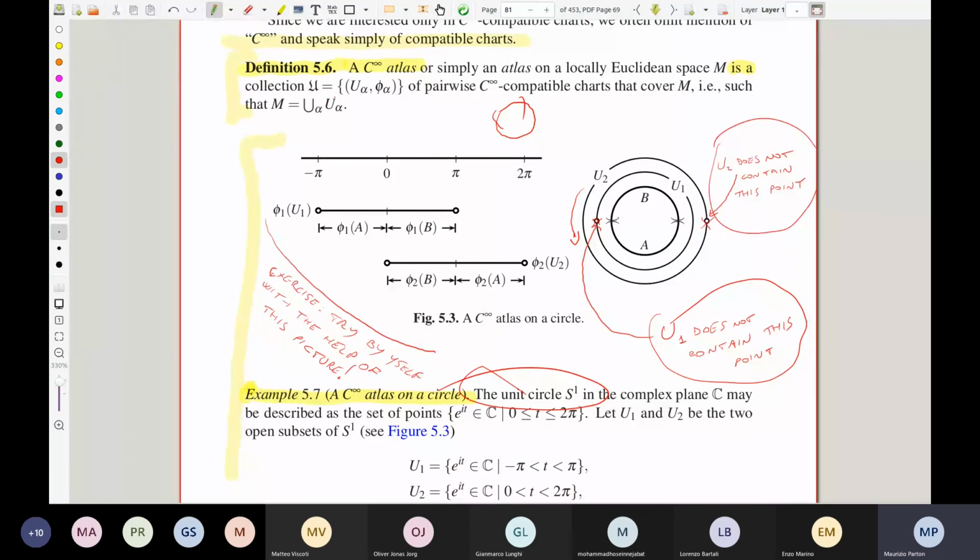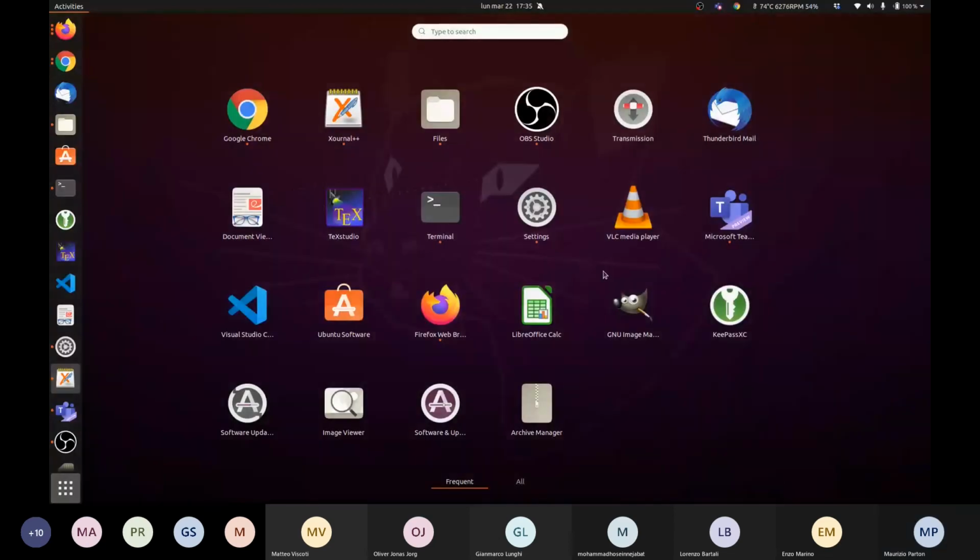They overlap on the union of these two connected components, A union B. You have to compute that on the overlapping set, A union B, the transition function is smooth. And of course, I have to define this is U, sorry.